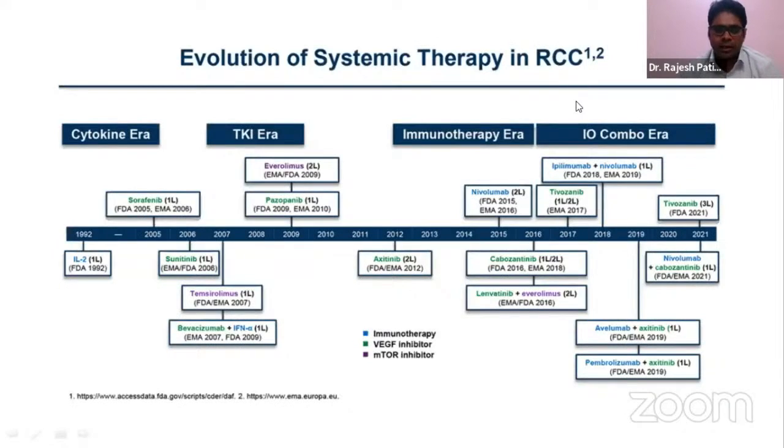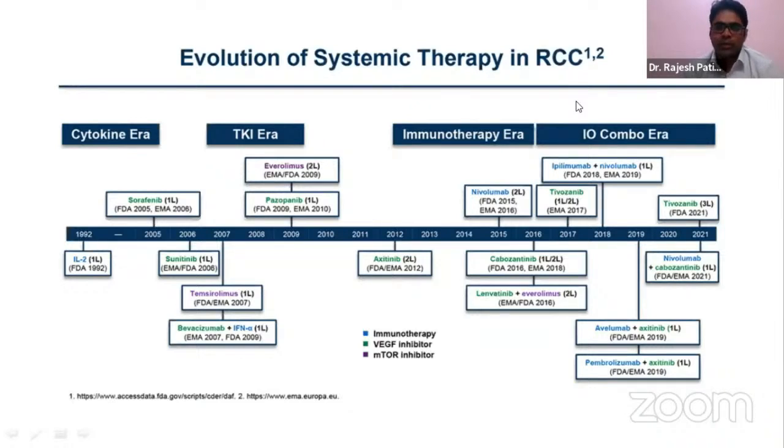So we know that in renal cell carcinoma, there were different eras, like what we have now, immunotherapy and TKI era. It started with the cytokine era, then came tyrosine kinase inhibitors, then came immunotherapy, and now the IO combo era, that is immunotherapy with immunotherapy in combinations. And when I started in DM, actually I entered in the TKI era.